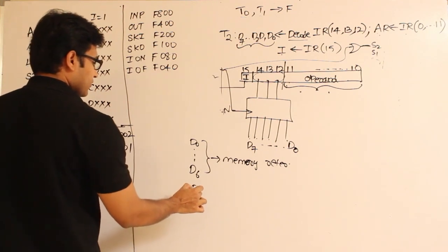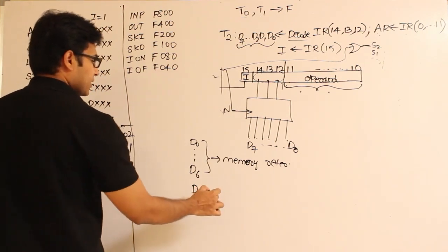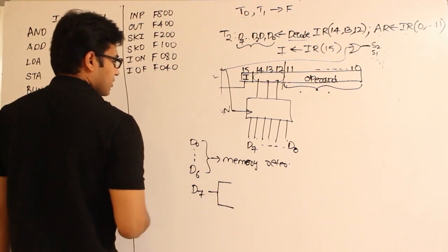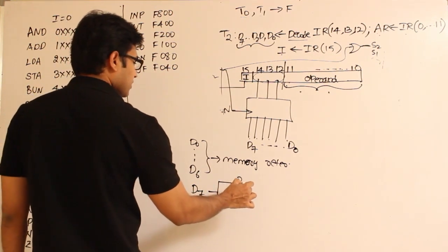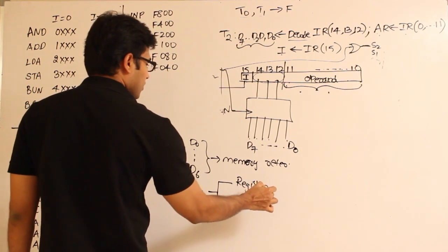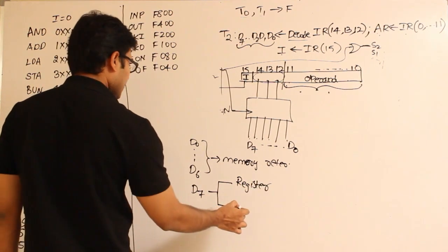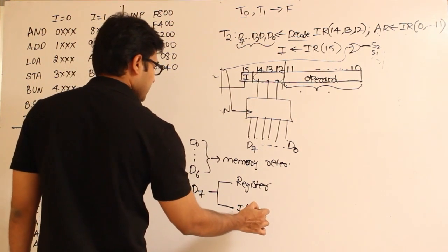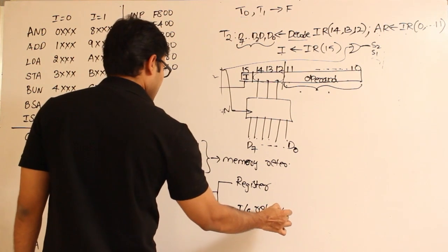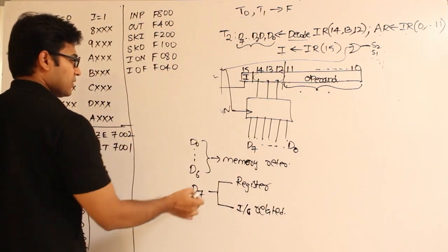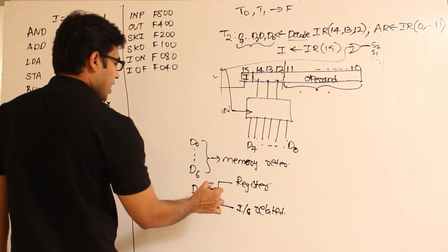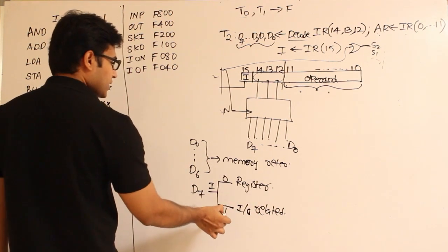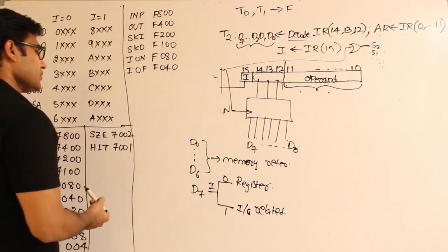In case D7 is present, then the instructions can be either register reference instructions or IO related instructions, right? And how can we decide which one it is? We can decide by seeing the I bit. If I is 0, they are register reference instructions. If I is 1, they are IO related instructions.